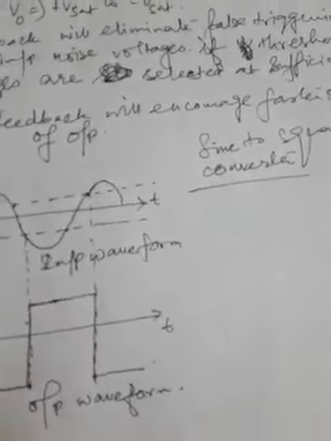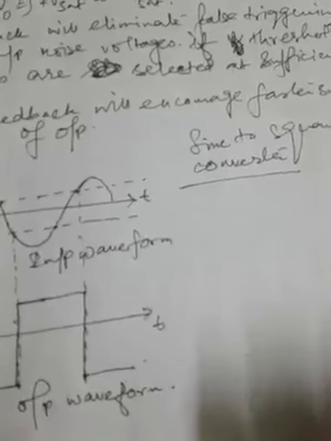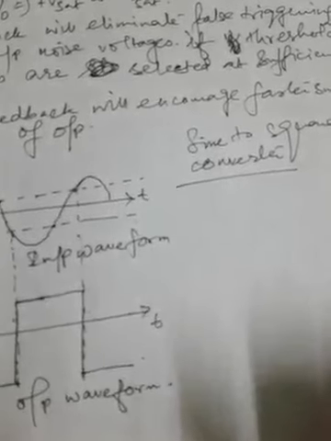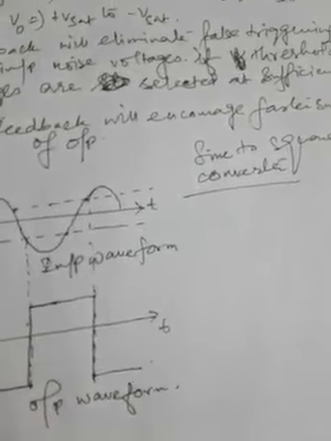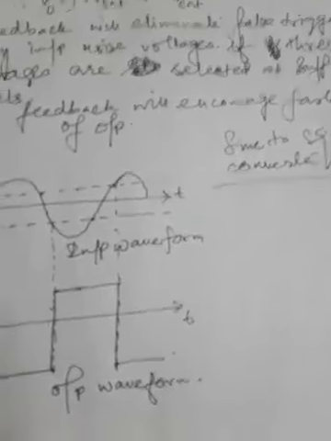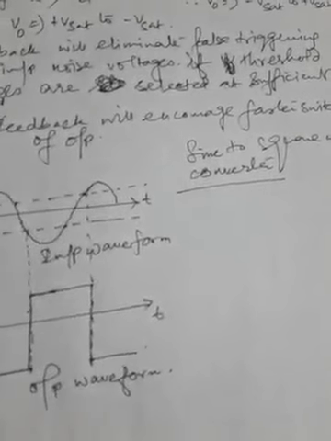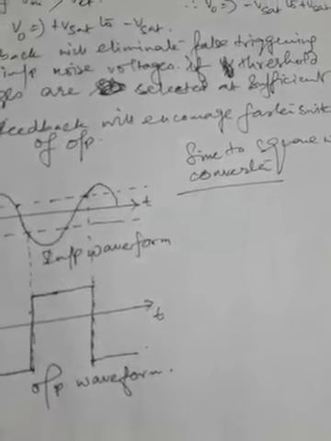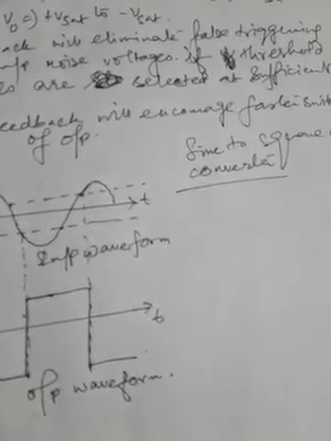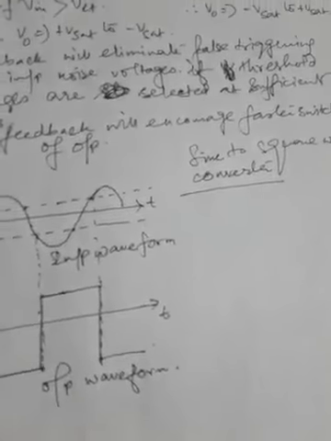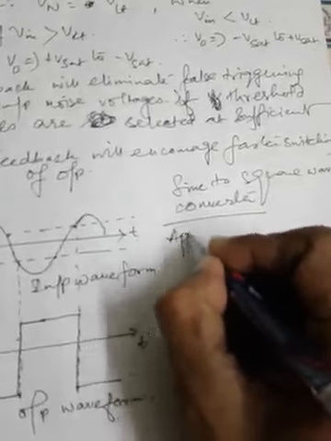Now let us recall that a slightly different version of Schmitt trigger is used in the triangular wave and sawtooth wave generators, which is not actually in your syllabus, but if you want to have a closer look at the other waveform generators of triangular and sawtooth waveform, there also a slightly different version of Schmitt trigger can be used.